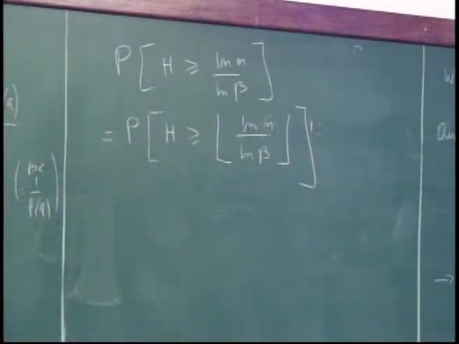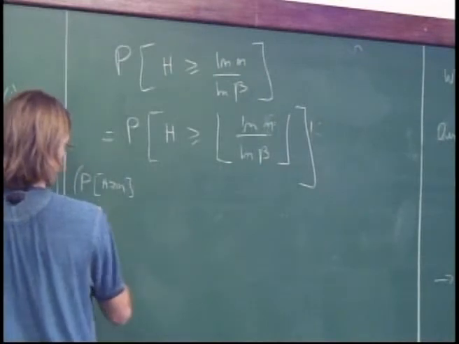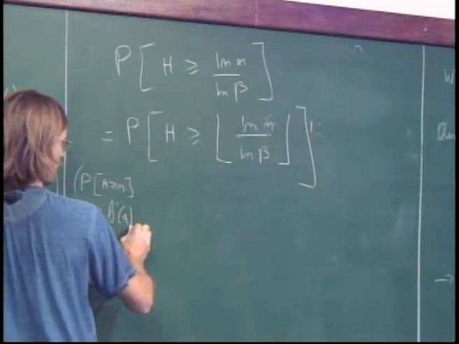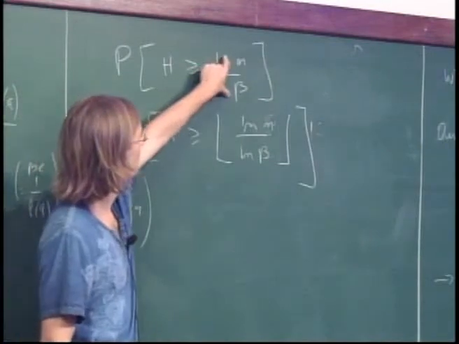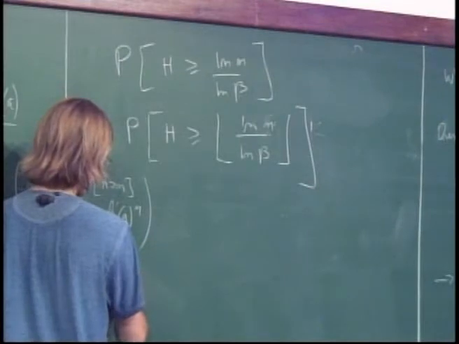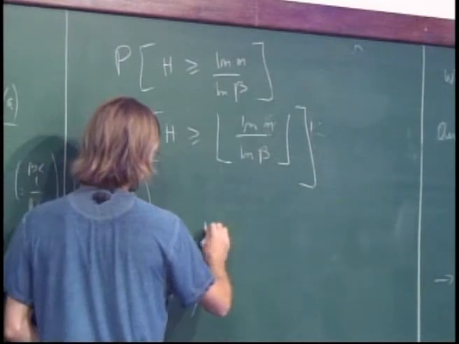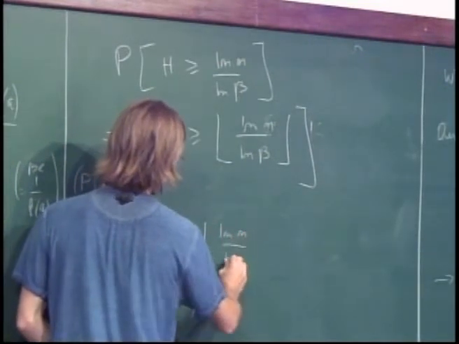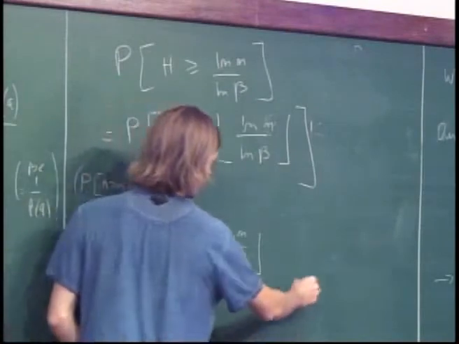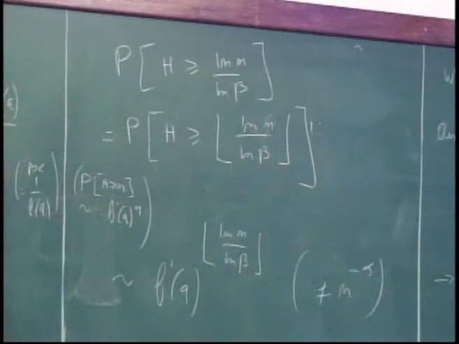And, surprisingly enough, this formula here, probability h bigger than n, is only valid for integers. So you can't apply it for this part, but you can apply it for the integer part. And surprisingly enough, this thing here is not the same as this, n to the minus alpha. It's different, the long-term behavior.